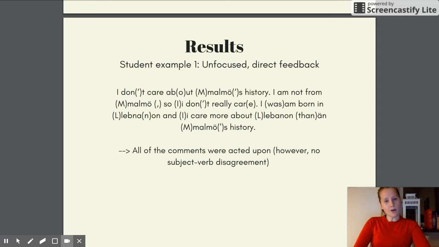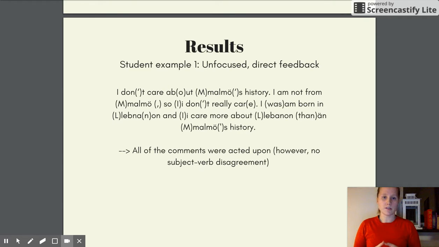On to the results. I've just chosen 3 examples. I had, as I said, 8 students, where 3 of them got direct feedback, 2 of them indirect, and 3 of them meta-linguistic feedback. This is the first example, of a student who got unfocused direct feedback.